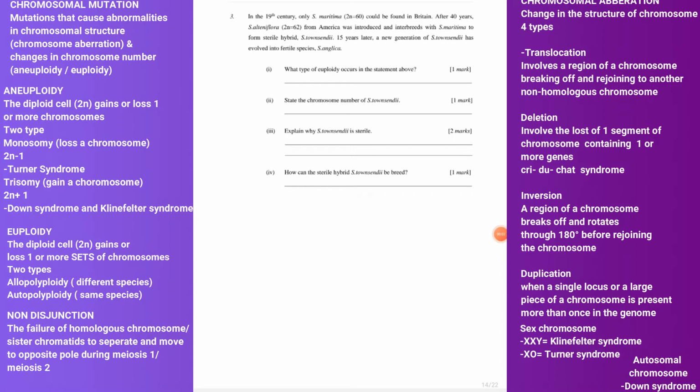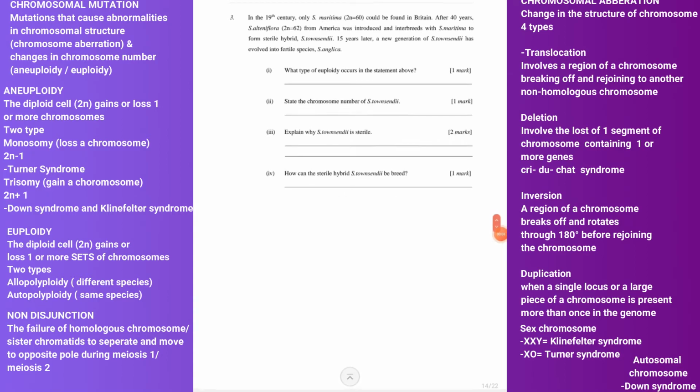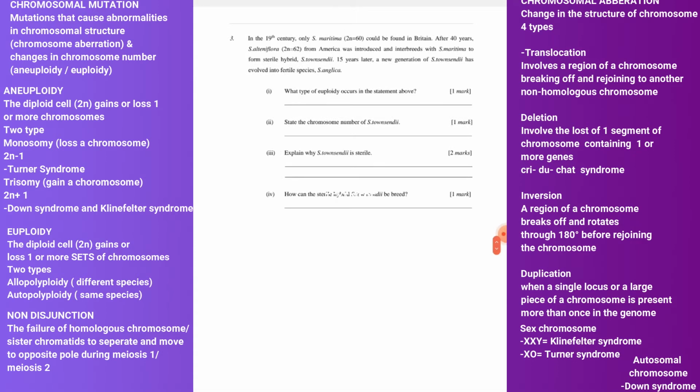Question number 3. In the 19th century, only S. maritima 2n=60 could be found in Britain. After 40 years, S. alterniflora 2n=62 from America was introduced and interbred with S. maritima to form sterile hybrids. Sterile hybrid means mandul.